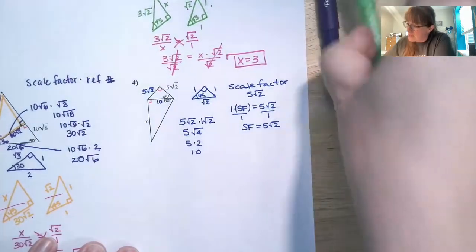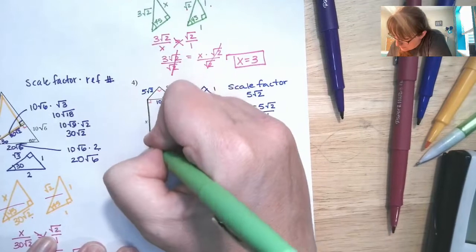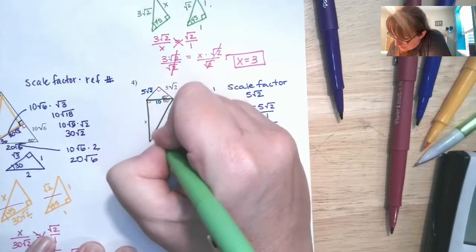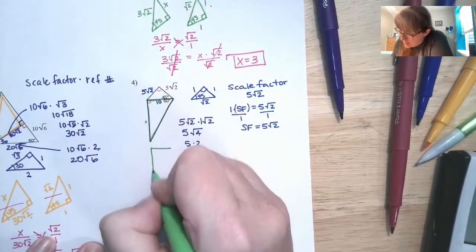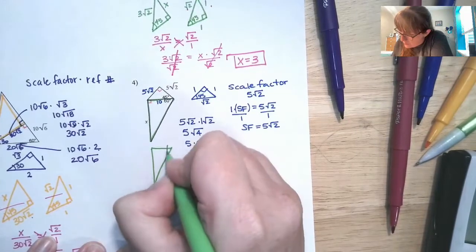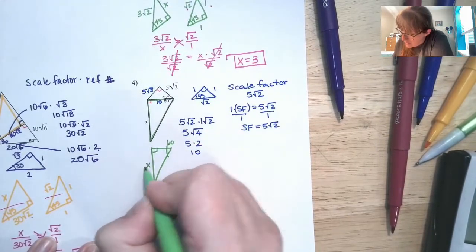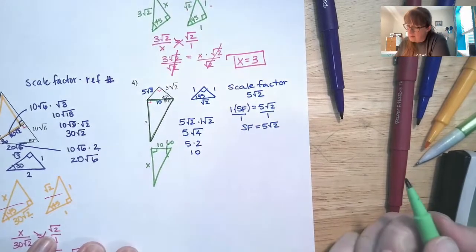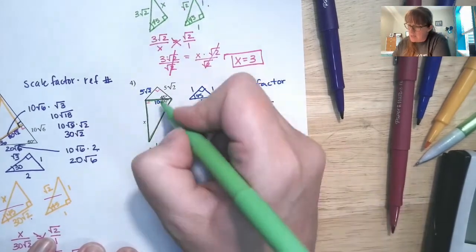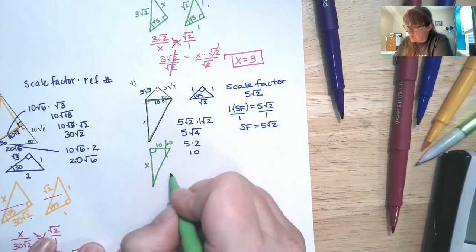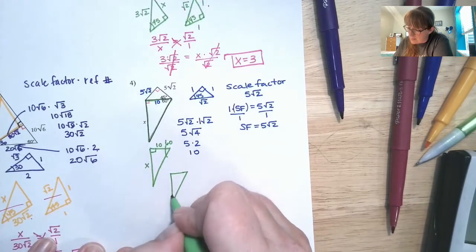Okay, let's look at this guy. Draw my reference triangle. Oops. So I got 60 there, 30, x, and I know this is 10. So that is that guy. And then let's draw our reference for that.